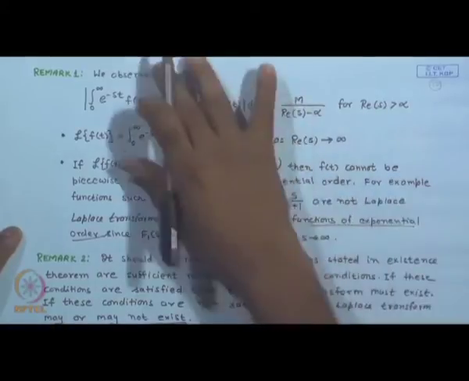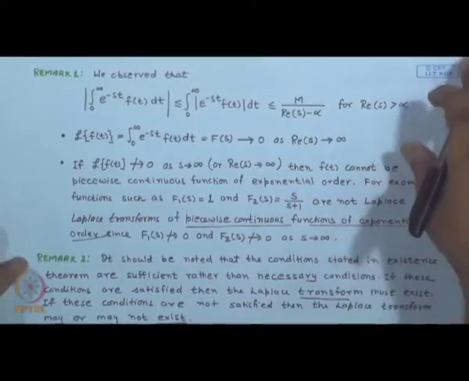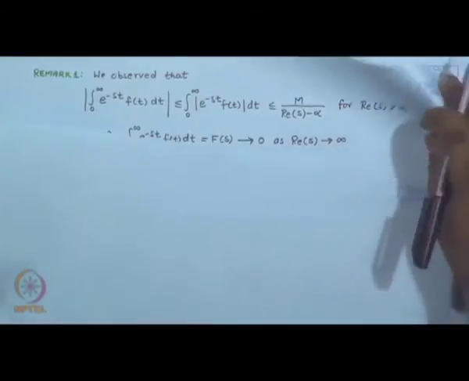So, what are the sufficient conditions? That the function should be piecewise continuous and it should be of exponential order. In that case, we are sure that the Laplace transform will exist, but if these conditions are not satisfied, the Laplace transform may or may not exist.